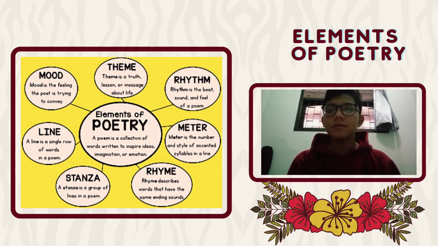Number 1 is iamb, then trochee, 3 spondee, 4 dactyl, and the last is anapest. The short example of rhythm in poetry is, how do you pray looking at the tray?